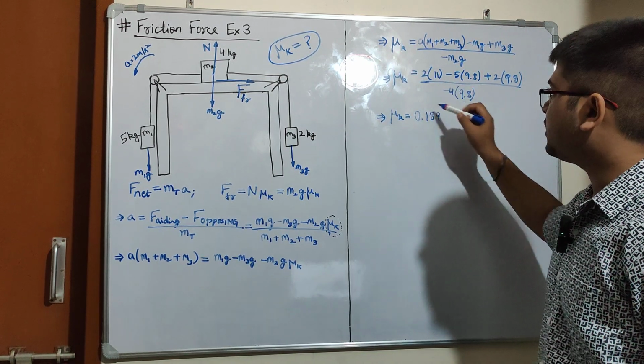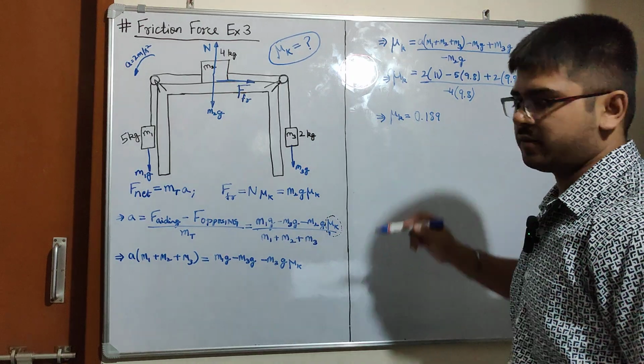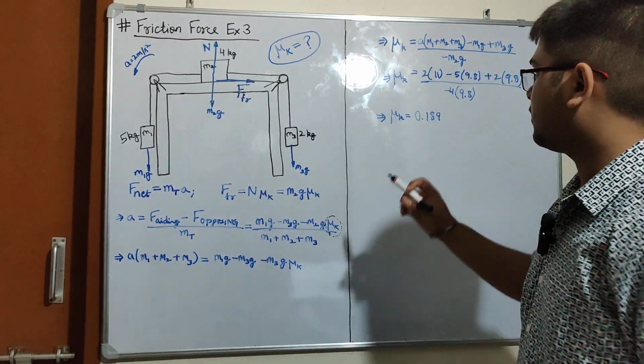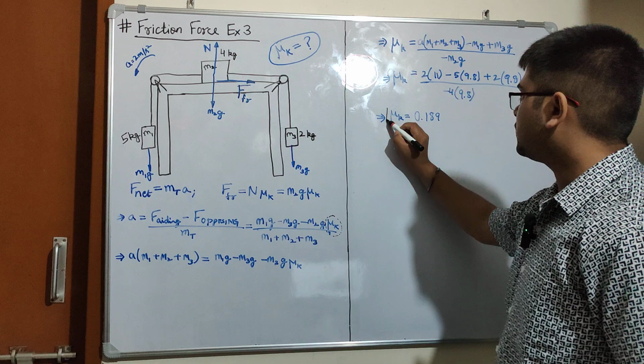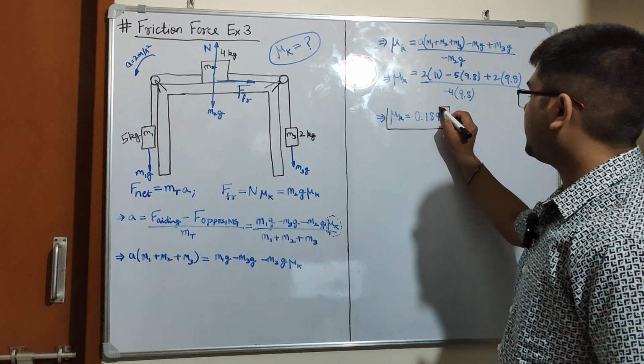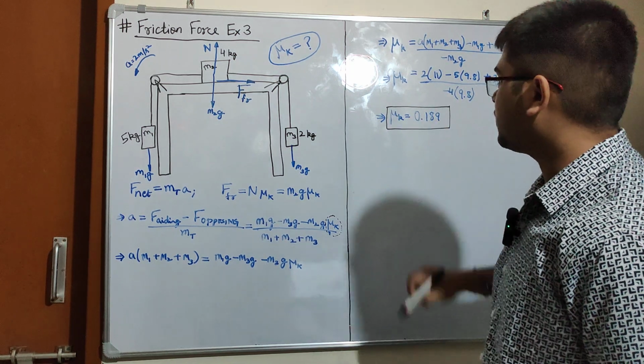And if we calculate this, we will get μk is equal to 0.189.